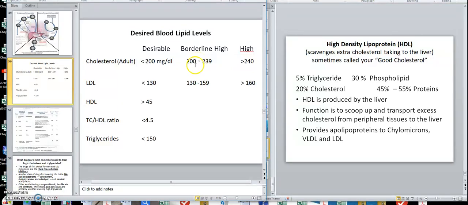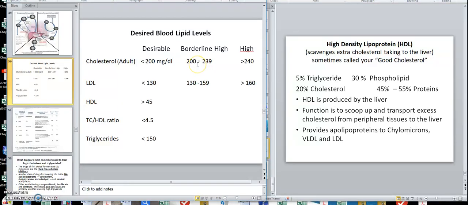So in that case, we have to figure that you're making too much cholesterol inside, or your receptors aren't working. The LDL receptors are bad, both of which could be a genetic issue: either making too much cholesterol or bad LDL receptors to get it out of the bloodstream.